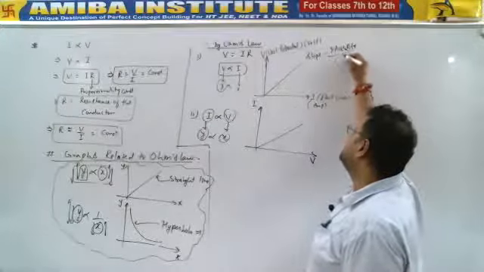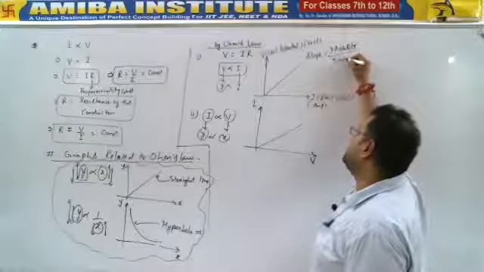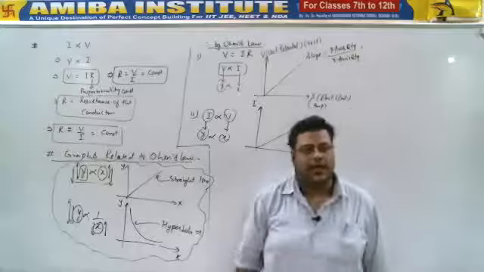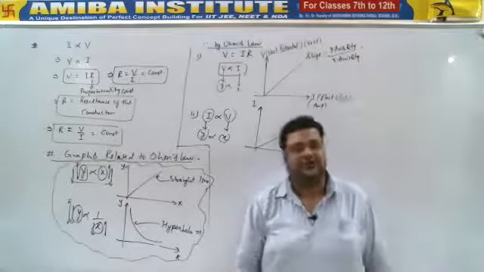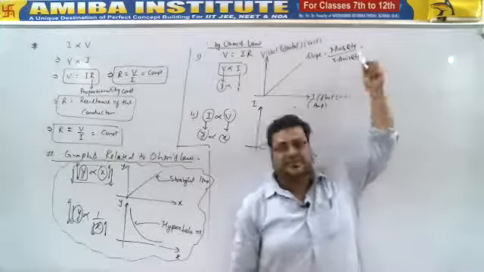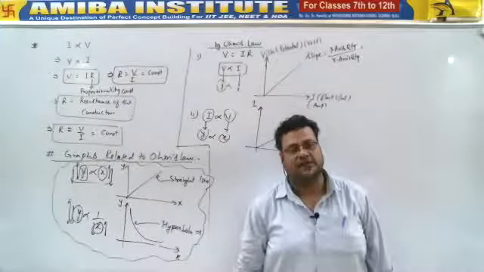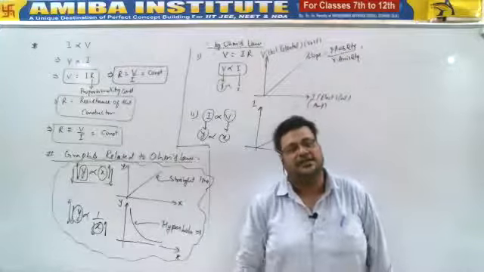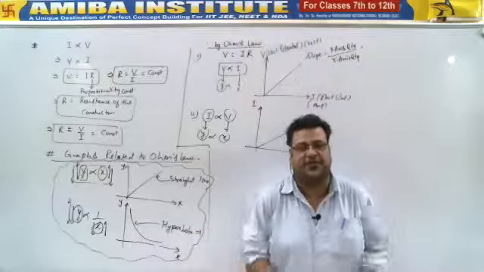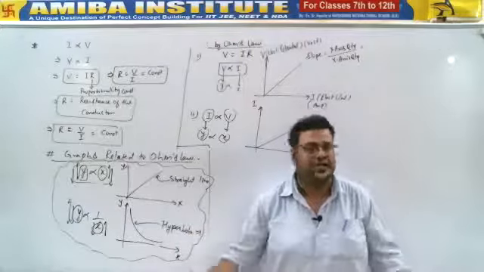Check whether any new physical quantity can be found by taking y-axis quantity upon x-axis quantity. If there is a new physical quantity, then the slope represents that physical quantity. If not, then let it be.